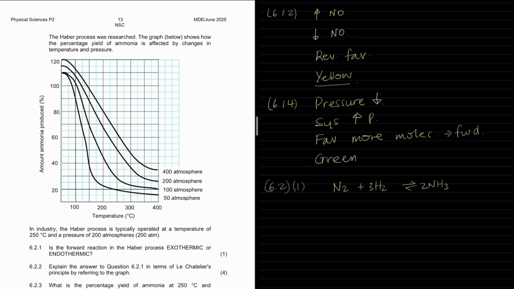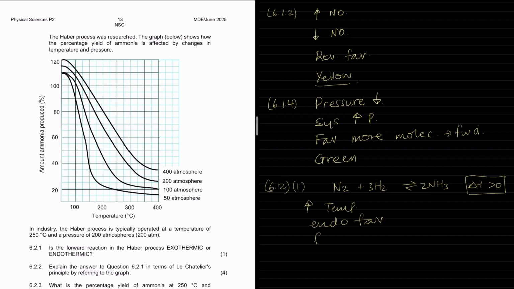Now I'm going to assume delta H is greater than 0. Let's assume it, and then we'll see what happens. So if I increase the temperature, the endothermic reaction is favored.